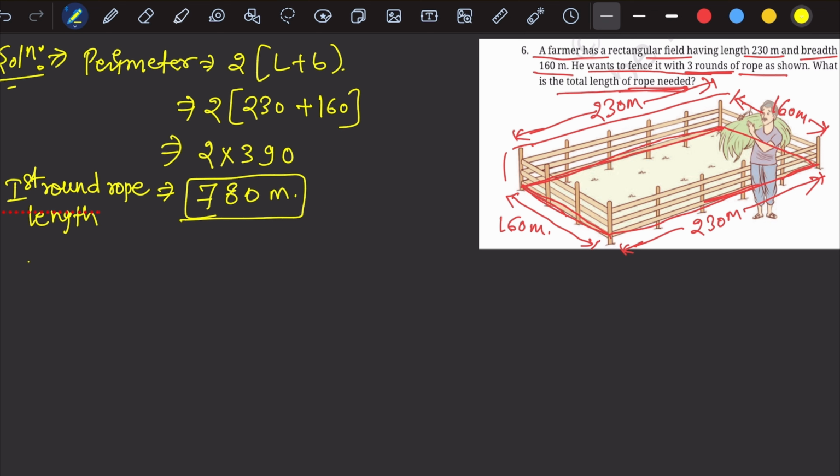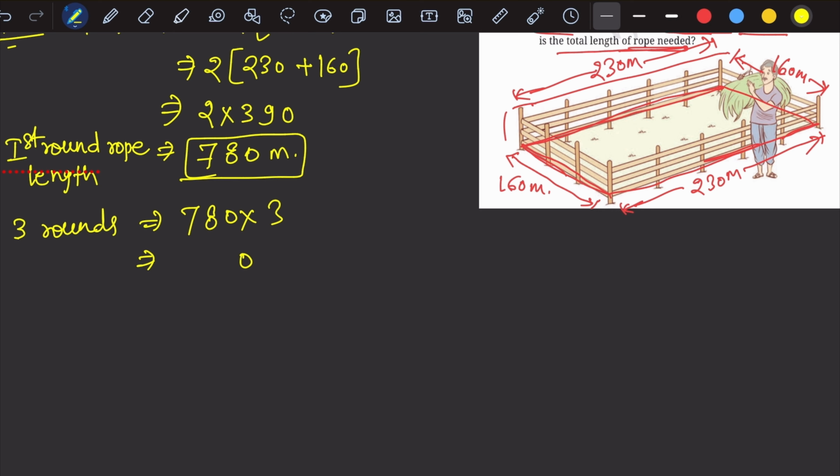If we want to take 3 rounds of the same, then we calculate 3 times this first round of rope. 3 zeros, 3 eights are 24, 3 sevens are 21, so 23.